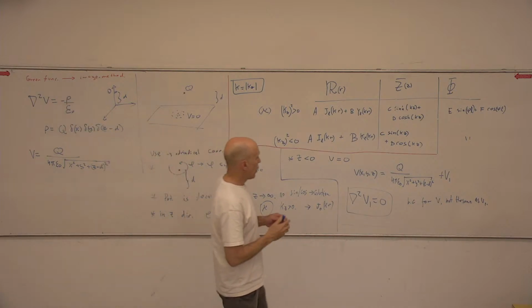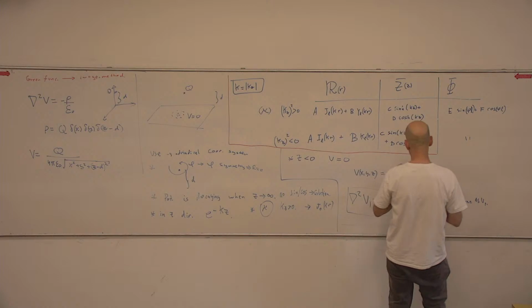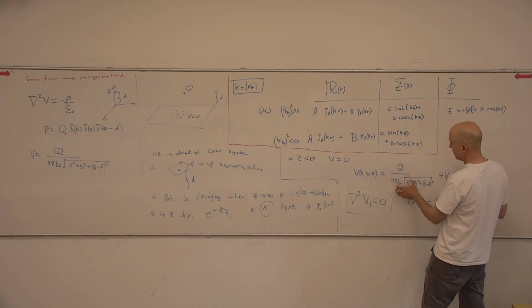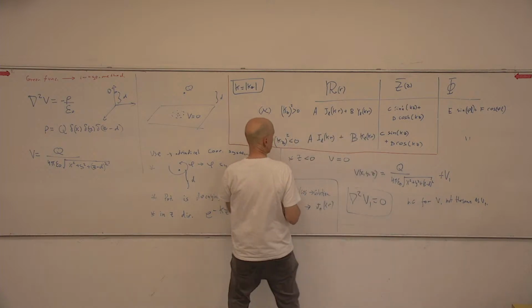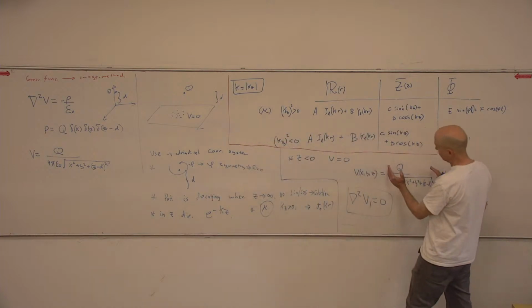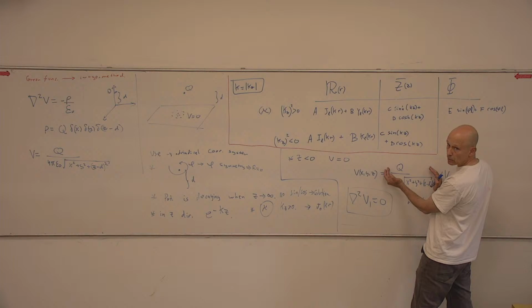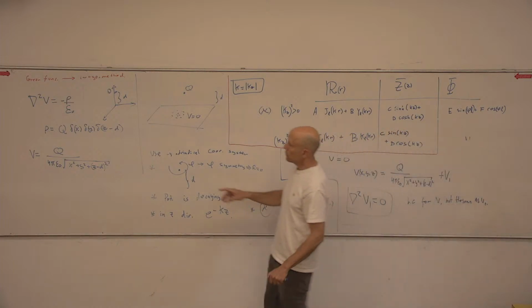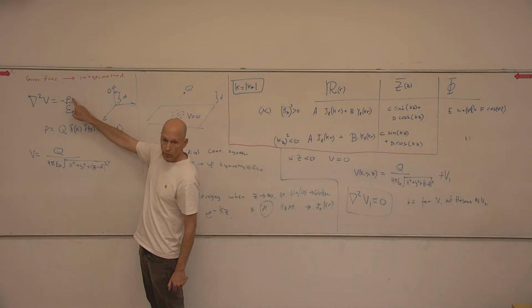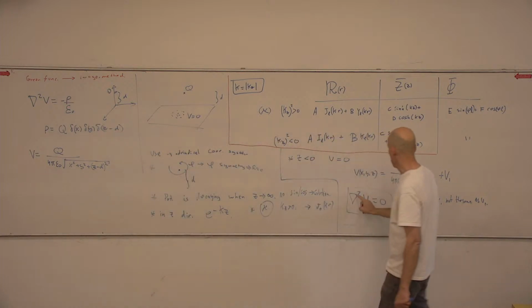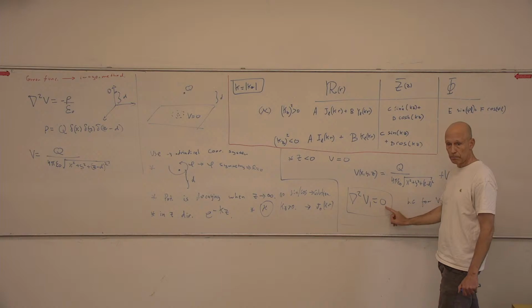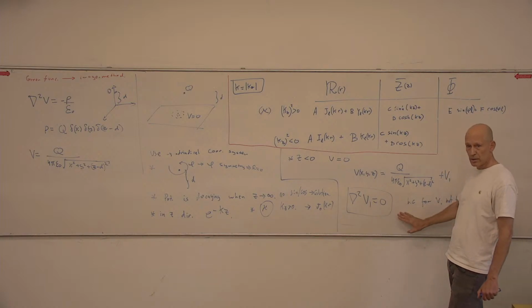So what I'm saying is, when I apply the Laplacian on this part, it satisfies this part when this is a delta function. And for V1, you get this usual Laplace equation. Is this clear?